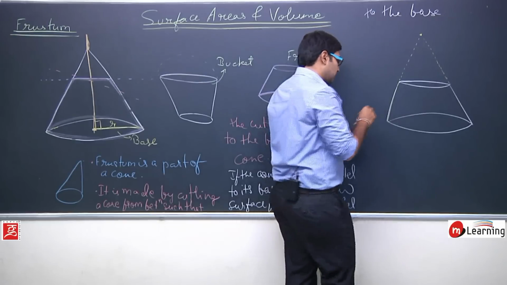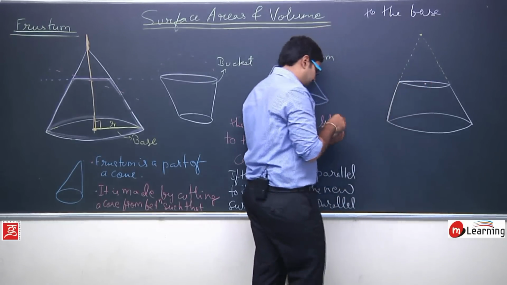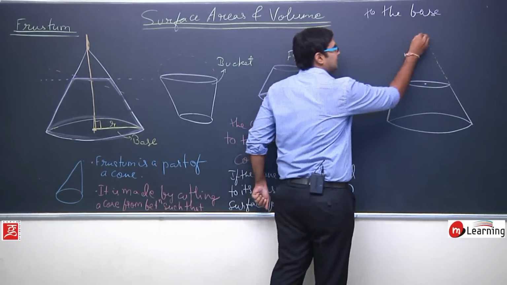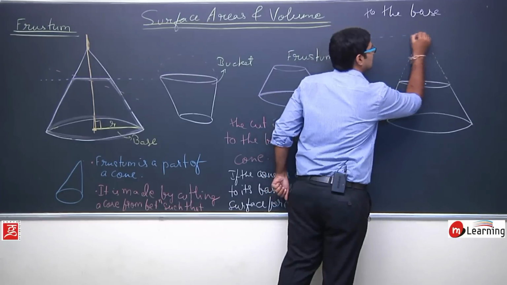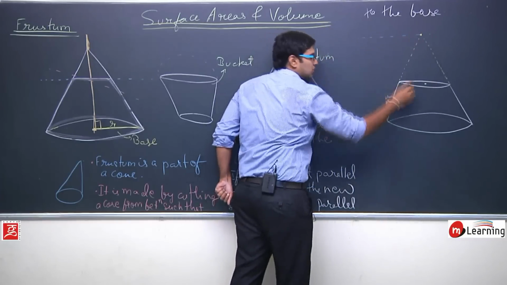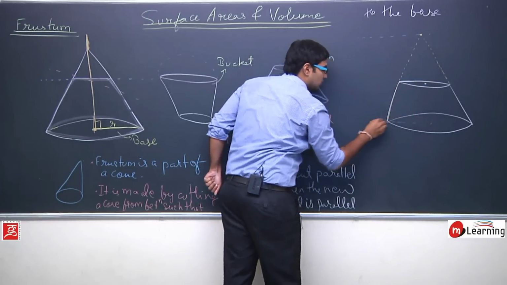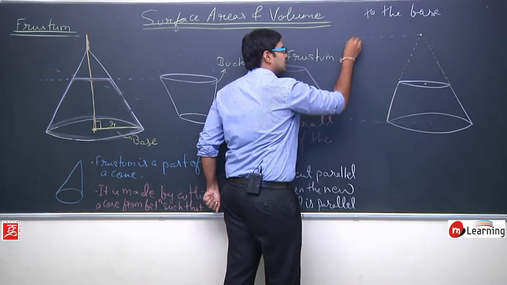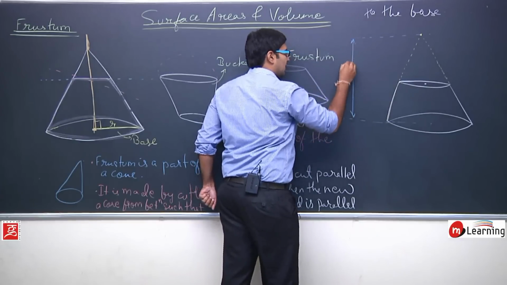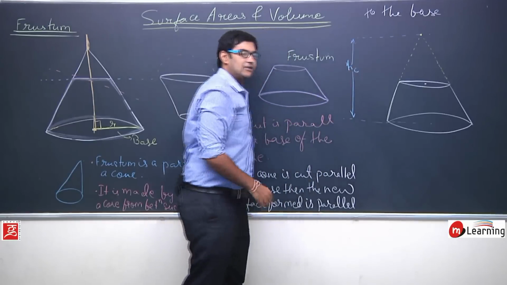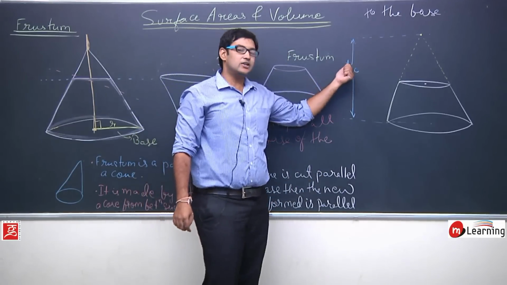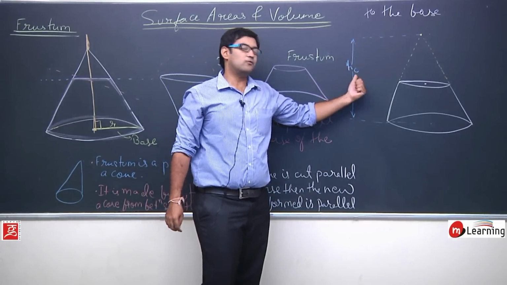Okay, so what we have previously discussed about cone is that height of the cone means the distance from the apex of the cone to the base of the cone. So this is known as height of cone. I represented it using HC, that is height of cone.